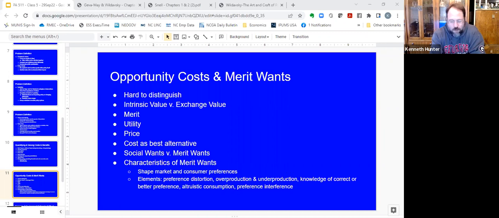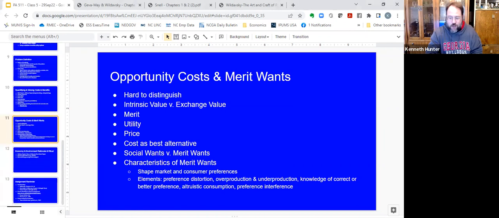And also preference interference, the idea of basically trying to interfere with what preferences people may have in the marketplace to encourage them to move into a different path. So those are some examples that you see, and it's important to acknowledge and recognize them in the marketplace, just to know about them.